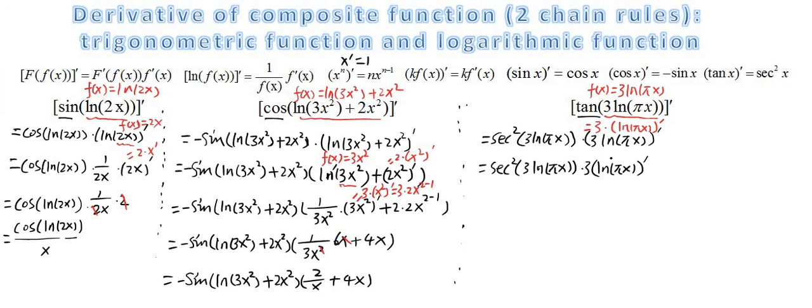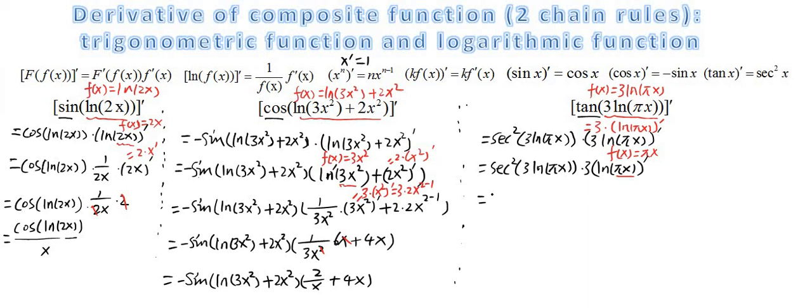Okay, now we're gonna apply the second formula to solve this derivative, and we can tell what is f(x). f(x) is pi x. Okay, and then we can simplify it.